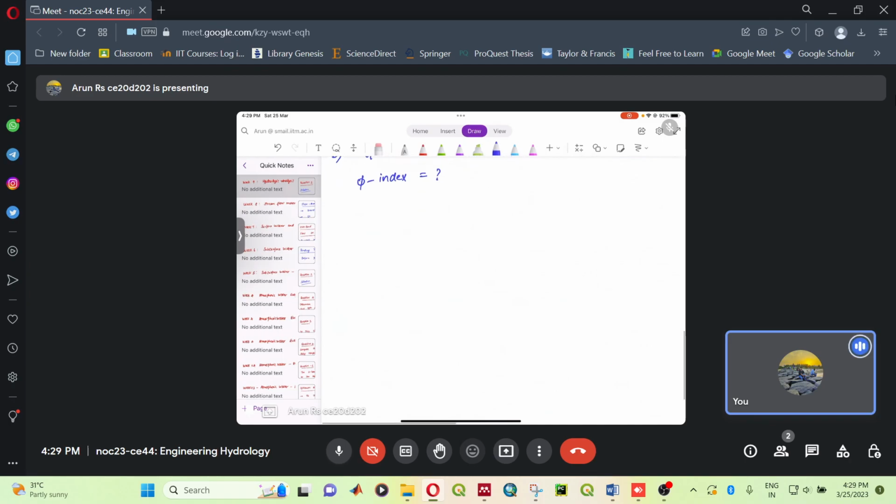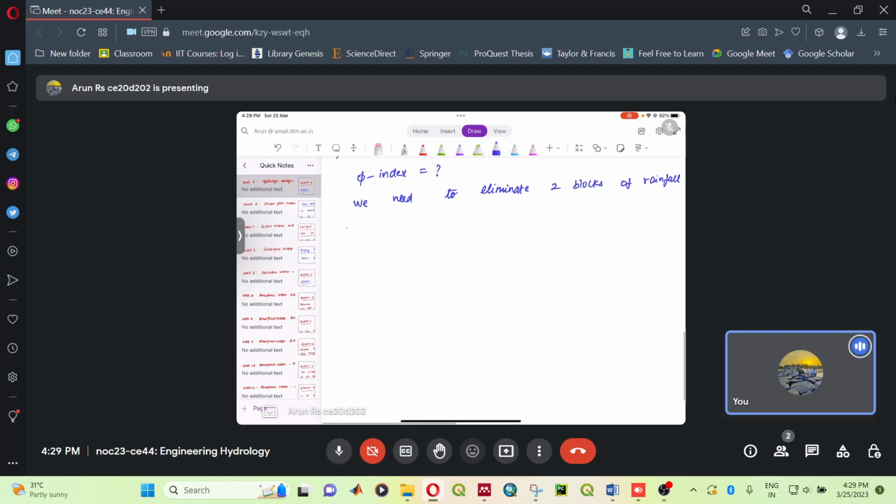So here we need to eliminate two blocks of rainfall. So let's say we are eliminating the first and the last one.